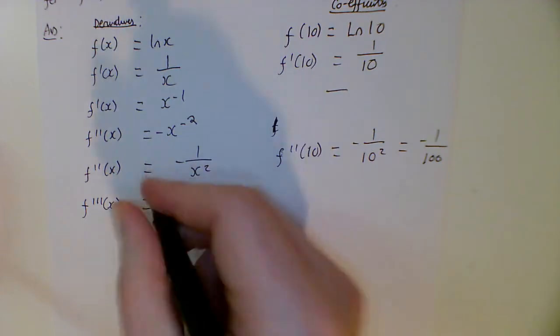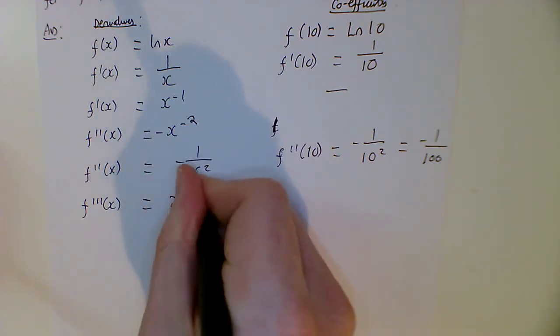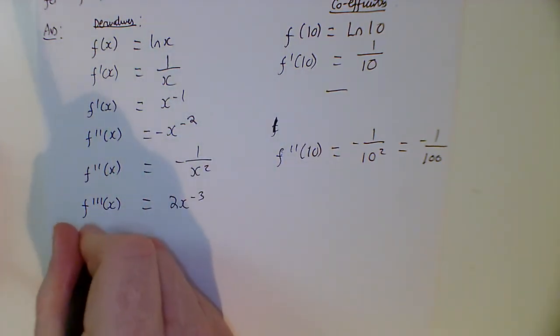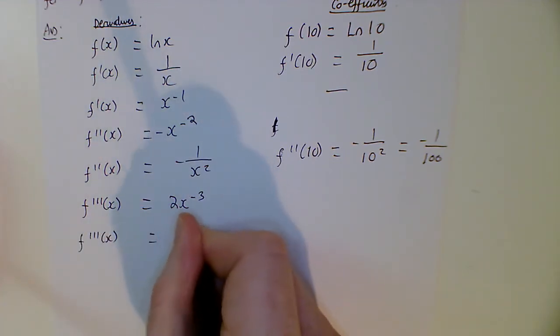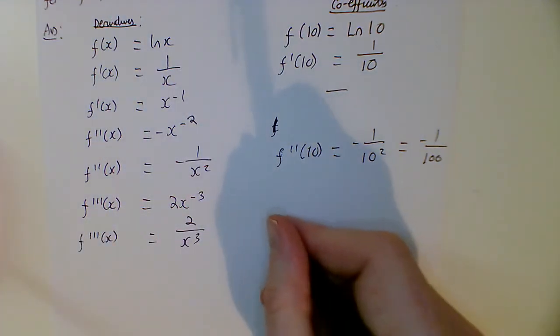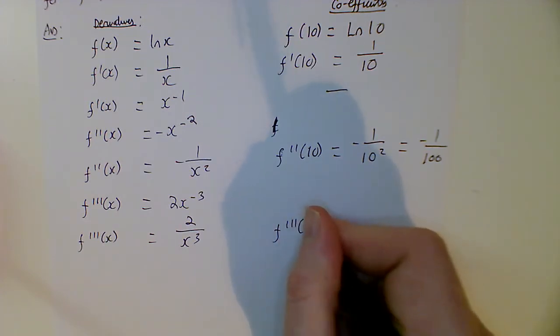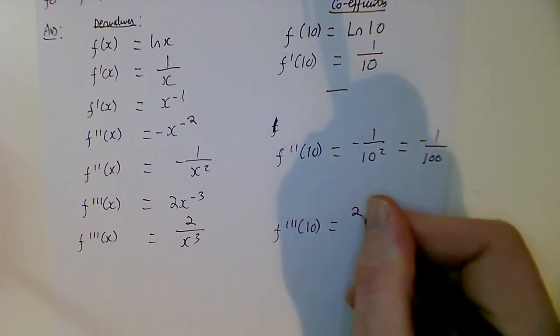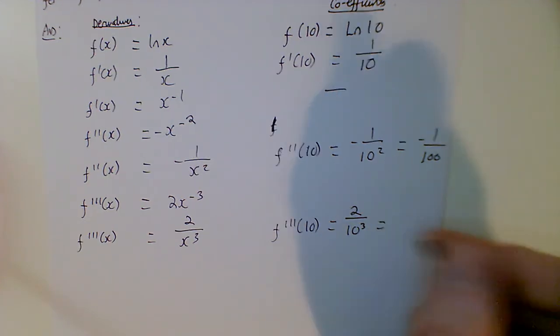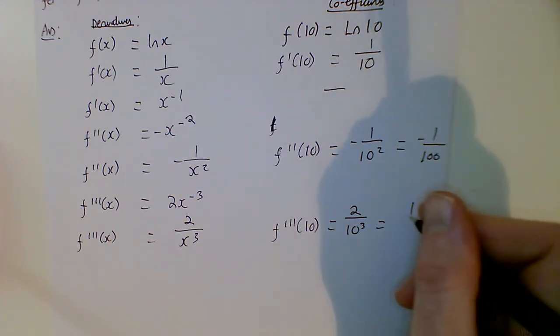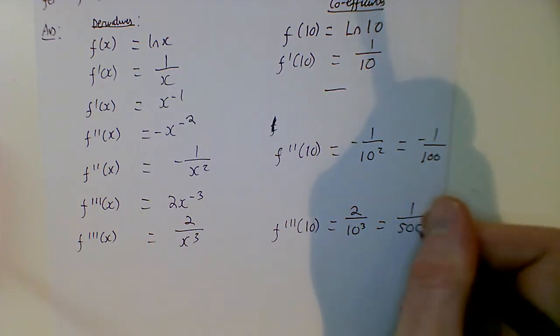So the 2 comes down to the front, 2x to the power of negative 3. That gives me 2 over x cubed. So now I can substitute that in. So f triple dashed of 10 is 2 over 10 cubed, which is 1 over 500.